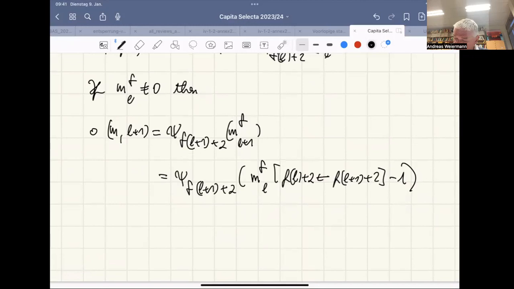Now the psi functions are monotone in this argument.